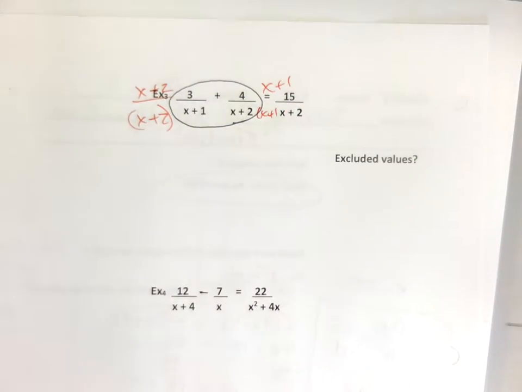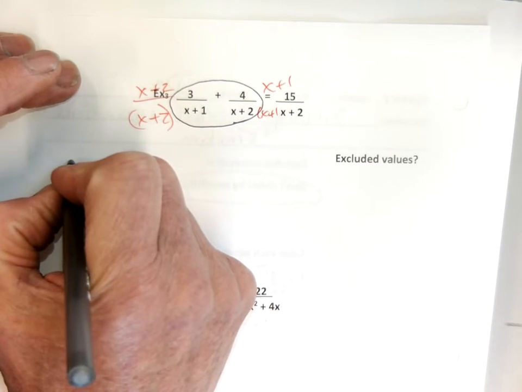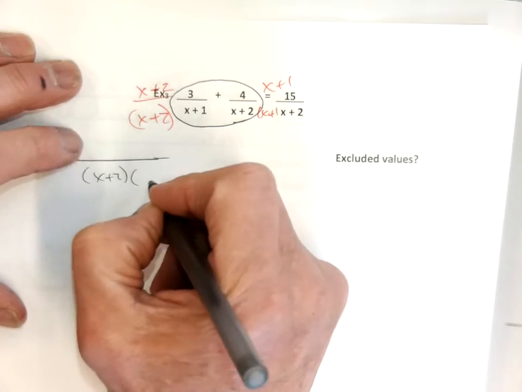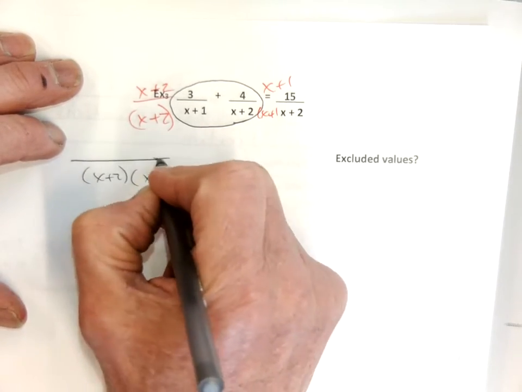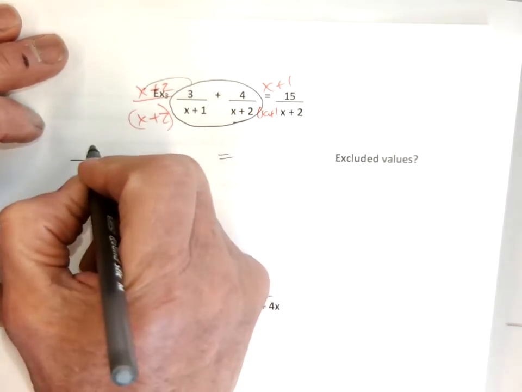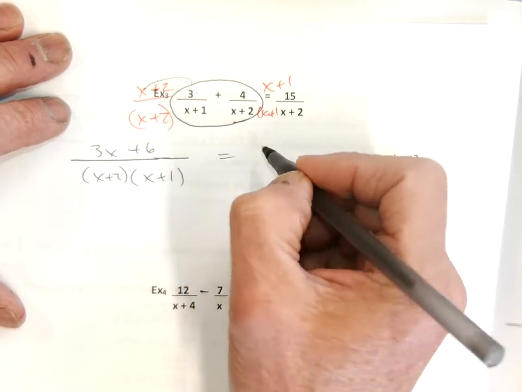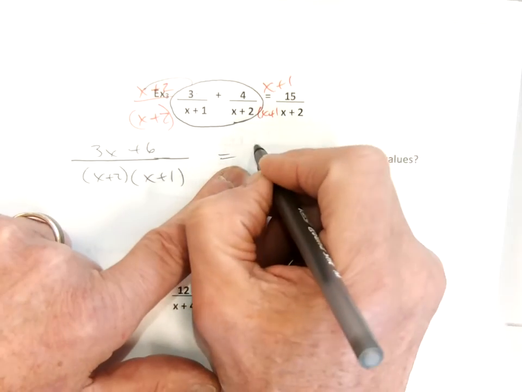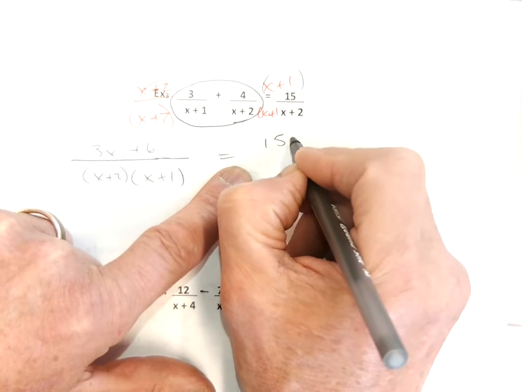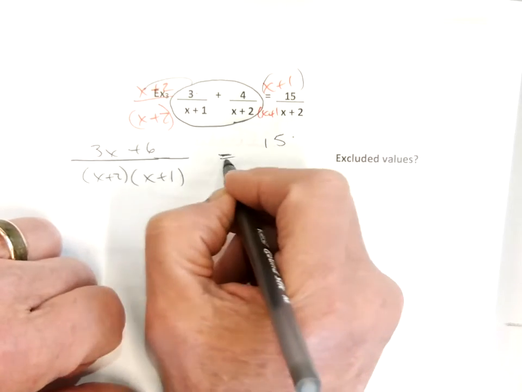Okay, so then I'm going to have a common denominator of x plus 2 times x plus 1. I'm going to have a 3x plus 6 equals, I'm going to do this times this, a 15. Oh, hold on, my bad, made a mistake.